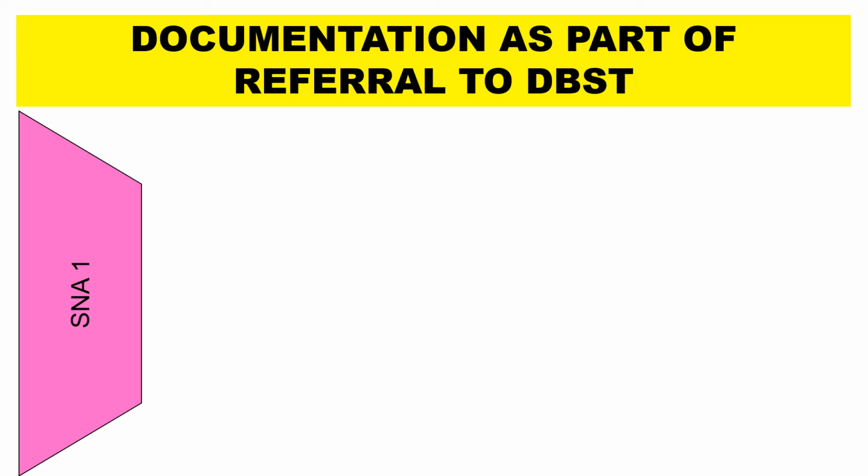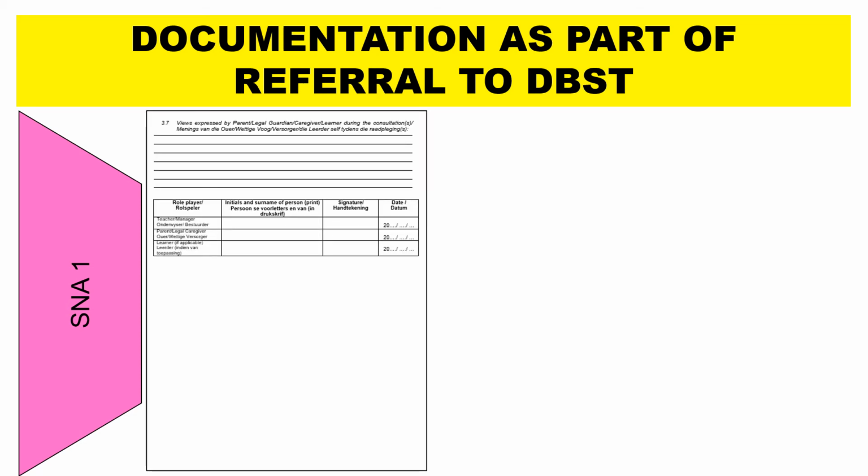In the SNA 1, this is the responsibility of a class teacher, and it must be signed by the parent. If it's not signed by the parent, the district-based support team will not even look at the referral. What I sometimes do is I contact the parent, I explain the situation, or I write a letter and I tell the parent, we've already discussed your child.